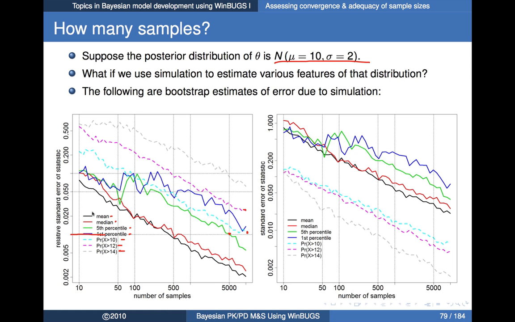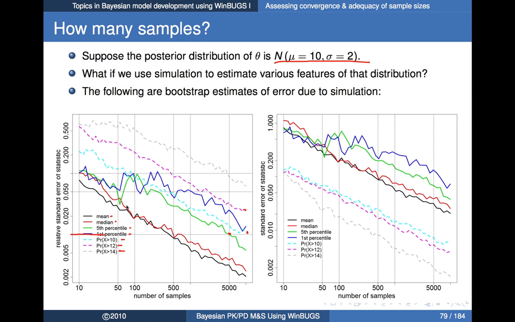So these are different statistics that we can calculate from our samples, and those statistics, if we're working with posterior distributions, would be estimators then of the corresponding, what do we want to call them, estimands, I guess, for our distribution.